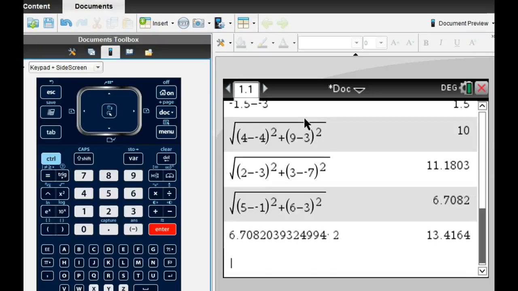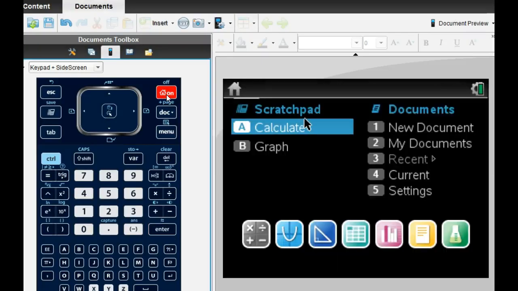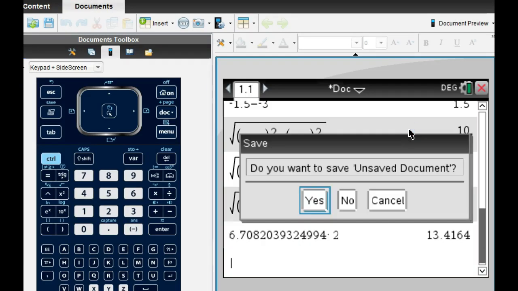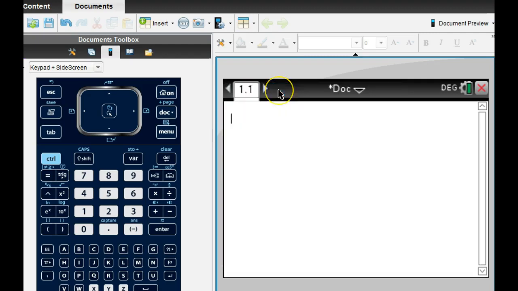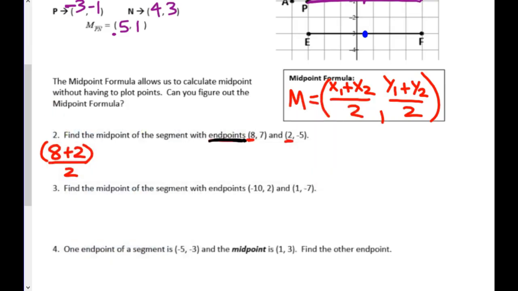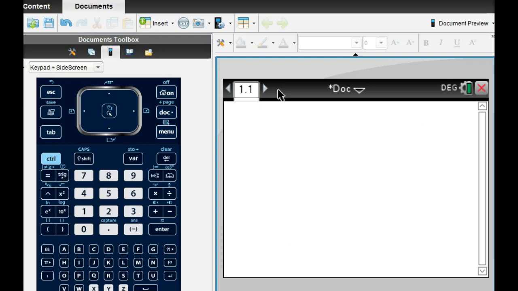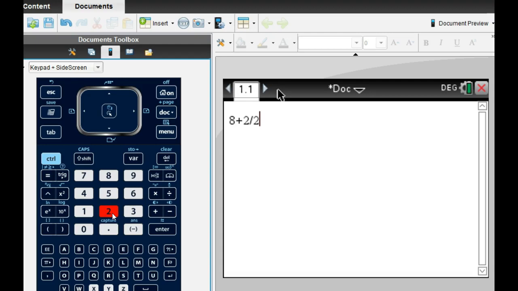If you take a look at your calculator, you can press the on button, hit new document, number 1. Do not save ever. And number 1, add a calculator. I want you to try this. Try typing in 8 plus 2 divided by 2 without parentheses. That gives me 9.